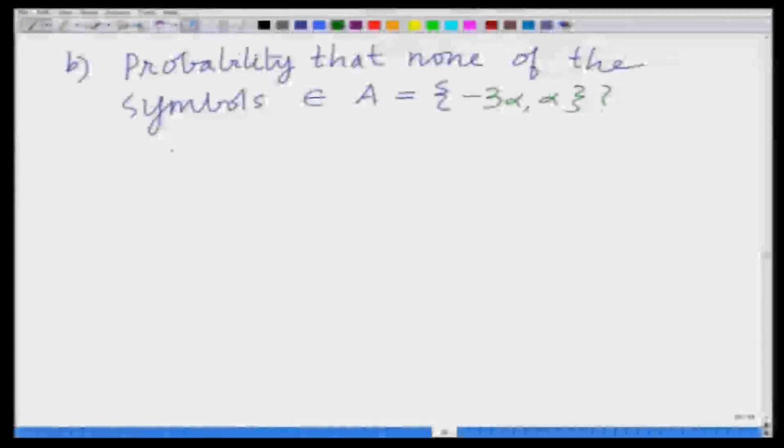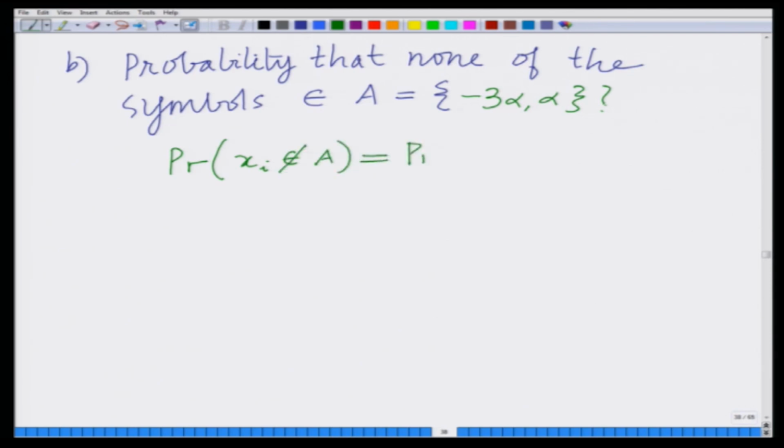Therefore, the probability that a given symbol does not belong to A is simply the probability that the symbol belongs to A complement, that is, the set minus alpha comma 3 alpha.